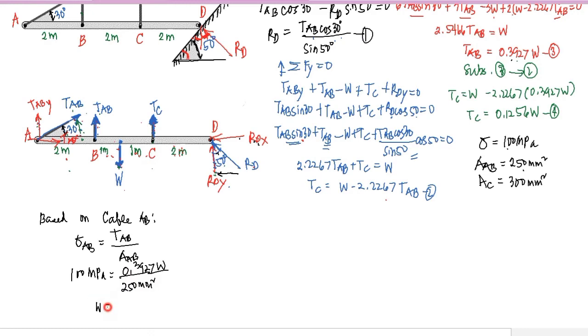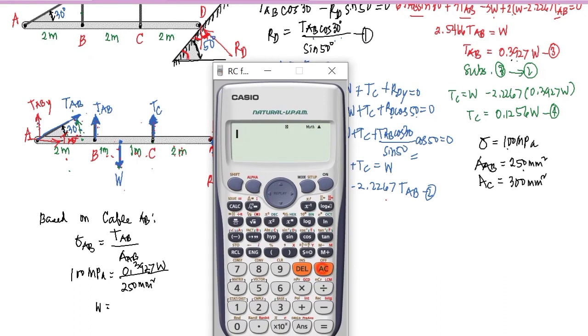So solving for the value of W, we have 100 is equal to 0.3927x over 250. So solving for the value of x, shift solve equals, and we have here 63,661.83 Newton.